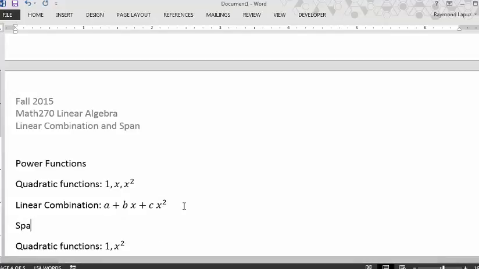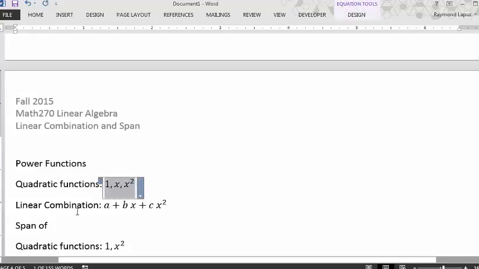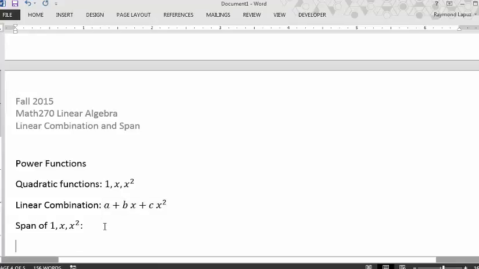So the span of these 3 vectors, I'm calling them vectors because they technically are vectors if we look at it from a vector space point of view, but they are functions. So span of these three functions, or these three vectors, is any quadratic function. So if you think up of any quadratic function, then that's a span. Actually, if c was equal to 0, then it's not just a quadratic function anymore.